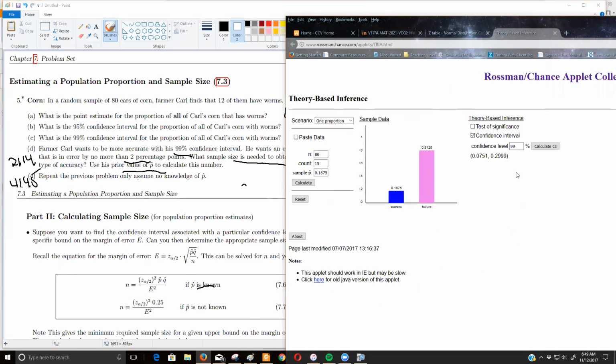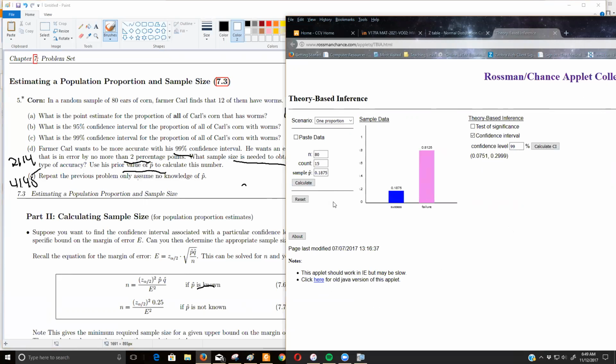What does that say about our estimate? Or what does that say about the old estimate, this is using our 0.15? What does that say about that old sample where 15 out of the 80 ears had earworms? If we did another sample of 80 and found only 5 of them had earworms.